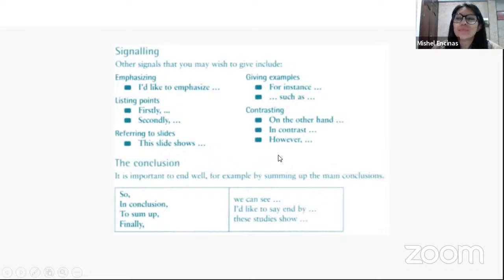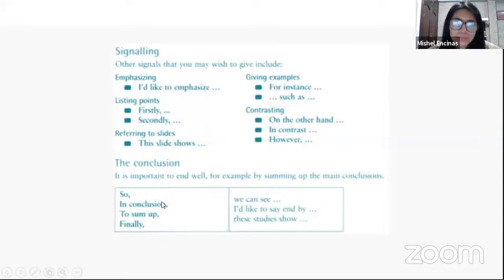You cannot make a presentation, maybe, okay, in slide one, we have this. In slide two, this. No, you have to speak, making an emphasizing or listing points, referring to slides, giving examples, contrasting, okay?